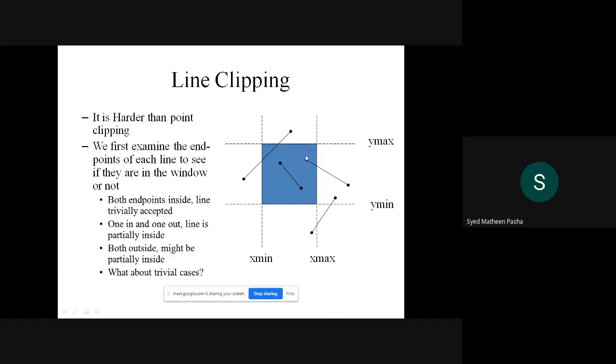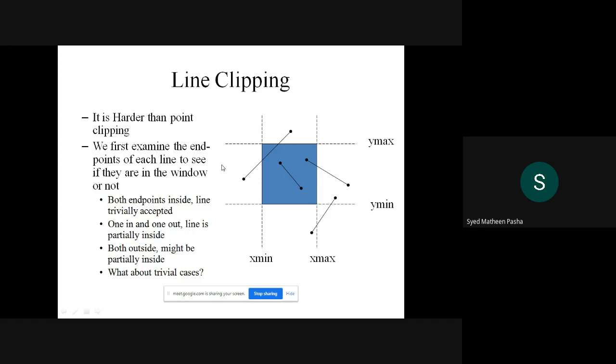Then you check if both endpoints of that line are inside the window. Then you check if one point is inside the window and the other is outside. Then you check if both endpoints are outside, or the line is partially inside. You'll check these conditions. Then you'll check the trivial cases. That is nothing but all three cases.